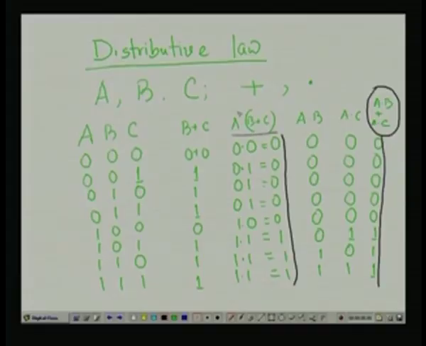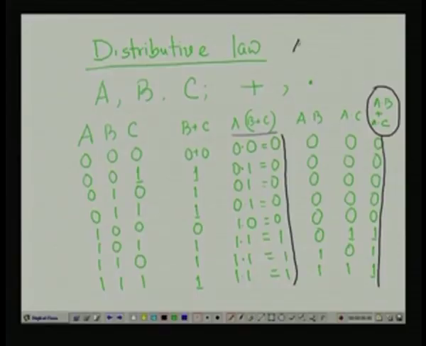So, the last day we discussed some Boolean expressions. Now we can tell that A dot B plus C or A dot B plus A dot C are again two Boolean expressions. And today we have seen that these expressions are evaluated from the Boolean algebraic concept, where A, B, C can take only the 0, 1 values.